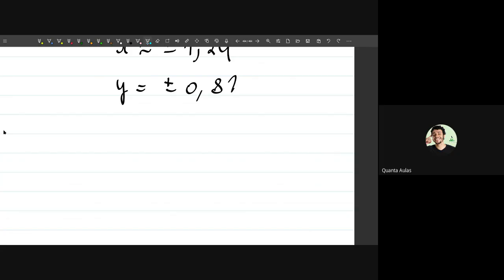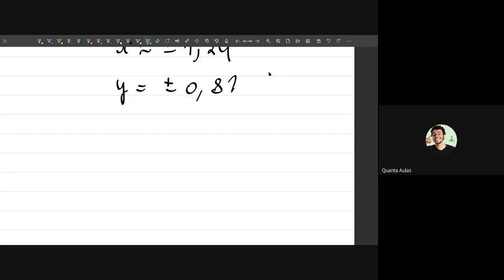You need to know if these values are a maximum or a minimum critical point. And what can we do to know this?